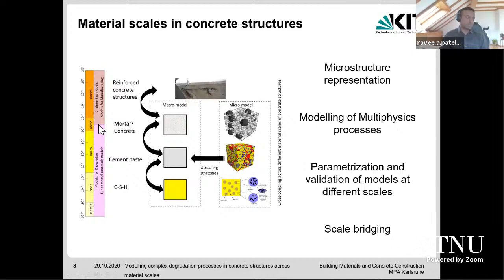These are the models for knowledge, or fundamental material models. So these are the categories of models, and these are the challenges when we deal with fundamental material models. So let me now start with addressing each of these challenges the way I address it, and give you some example results on this topic.